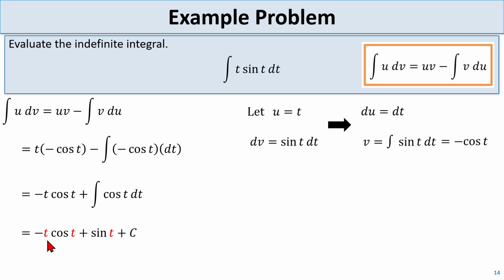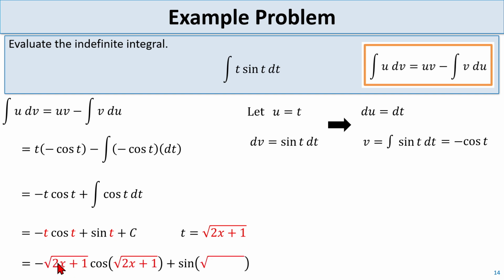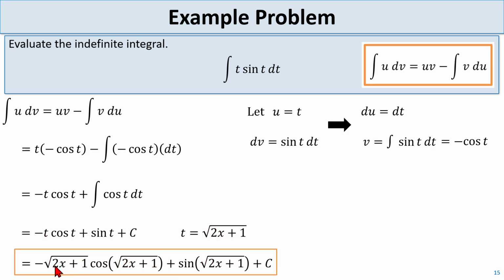And to do that, we need to replace all these t's with the original substitution that we made, which was the square root of 2x plus 1. So that's the last thing we do. Replace each of these factors of t with the square root of 2x plus 1. That gives the final expression. This is equal to the integral that we started with.